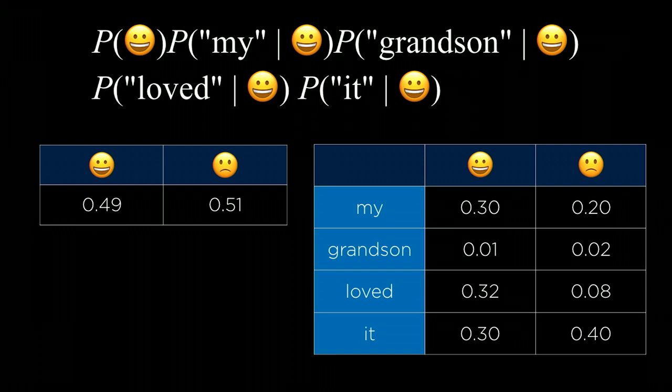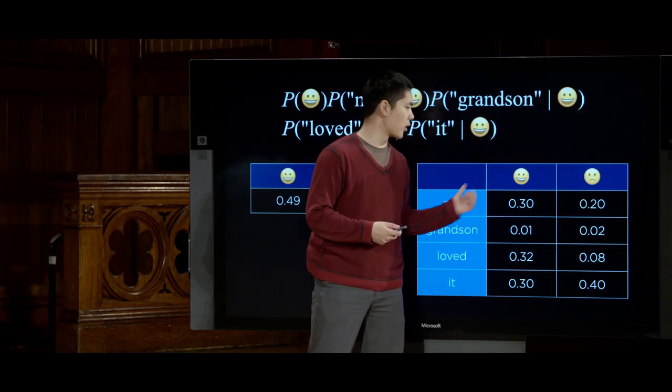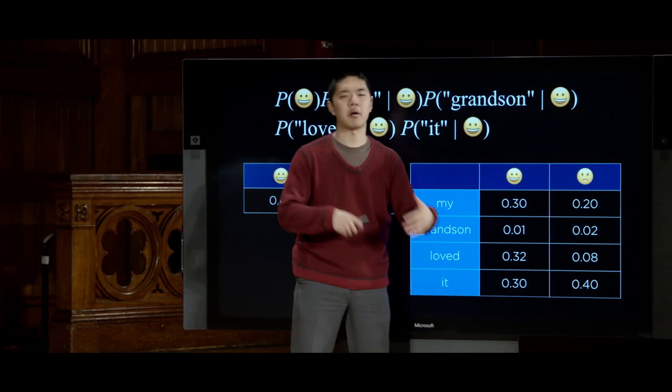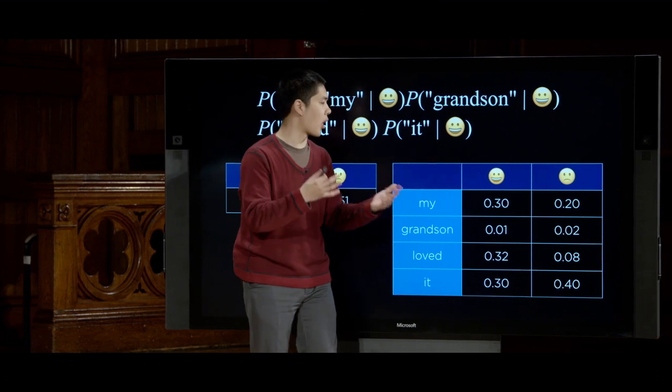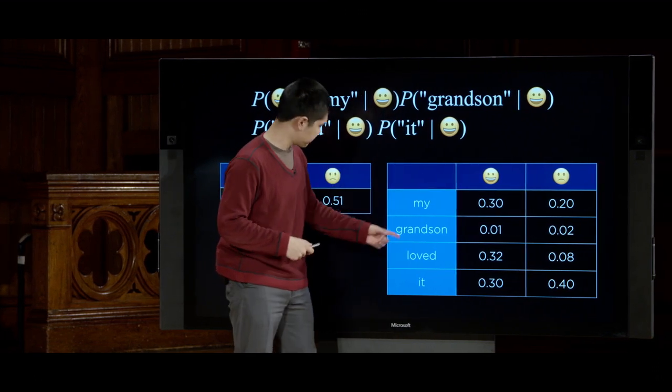And then I have distributions for each of the various different words. Given that it's a positive message, how many positive messages had the word my in them? It's about 30%. And for negative messages, how many of those had the word my in them? About 20%. So it seems like the word my comes up more often in positive messages, at least slightly more often based on this analysis here.